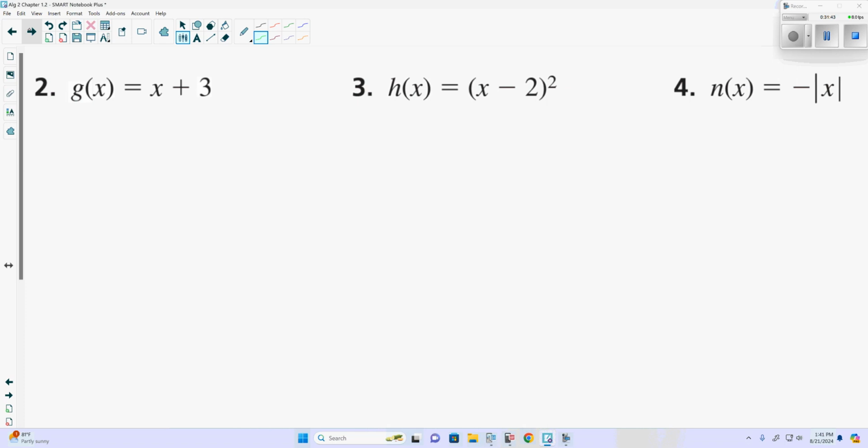Now we'll go on and look at these three here. Now this first one, g of x equals x plus 3. What's its parent? Linear, because we just have x, yes? Linear. Okay, we'll say linear. Now I'm going to write the general form.